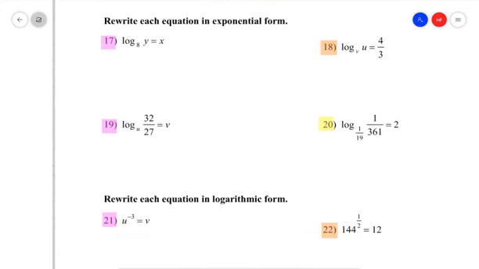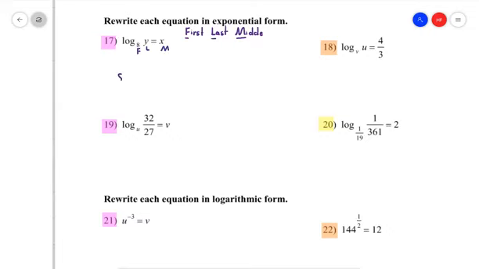In the next section, we are rewriting in exponential form from our log. So this is where we use first, last, middle. So the base is first, last, middle.